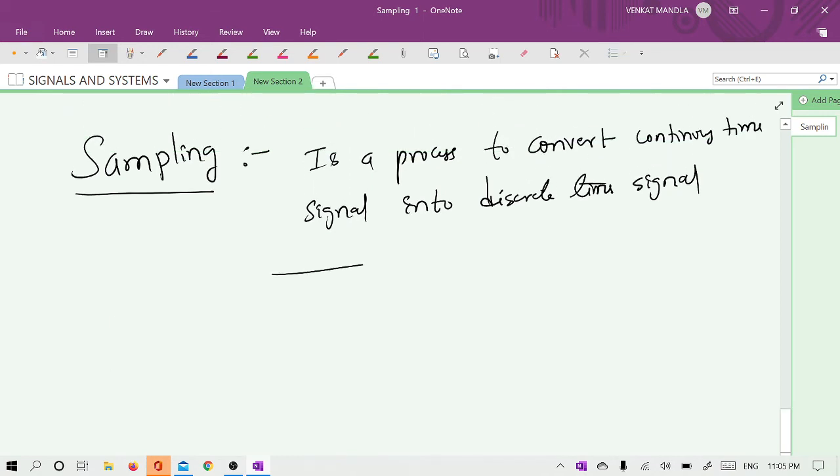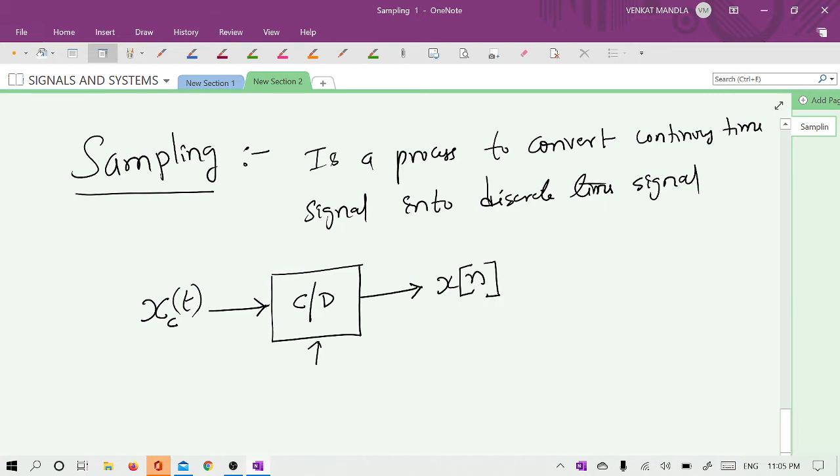So we have a continuous to discrete block. We have, let us say, x c of t, which means a continuous time signal, and x of n.